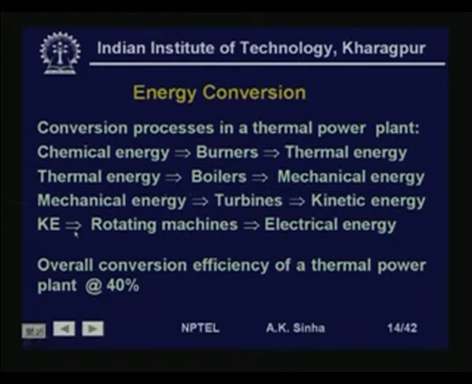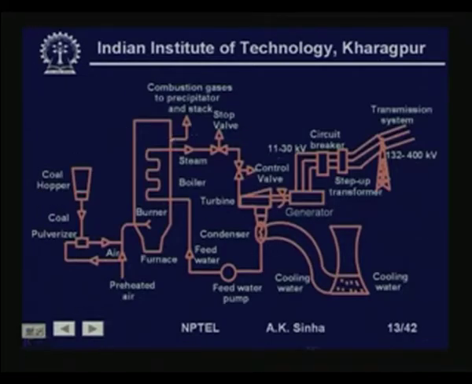The kinetic energy of rotation is converted into electrical energy in the rotating machines, which is mostly a three-phase synchronous machine, and the overall conversion efficiency of the thermal power plant is about 40% only. If we see here, 10% goes out here and almost 50% goes out here. So what we get out here is only around 40%.